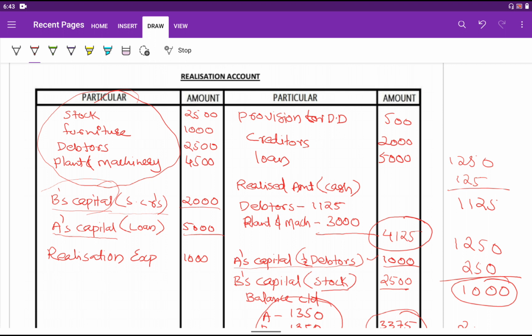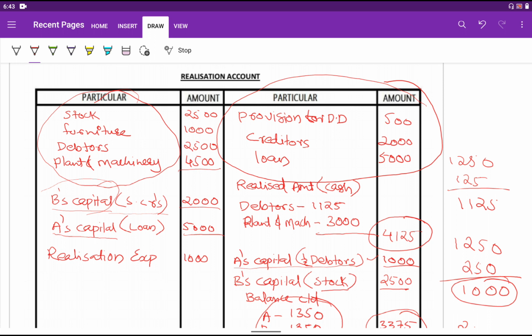So the journal entry will be realization account debit. What is the total of this? 10,500 to stock, to furniture, to debtors, to plant and machinery. Like that in the journal entry you can write. Here also you can write a combined journal entry. If you want you can write separately, no issues, but better to write a combined journal entry.